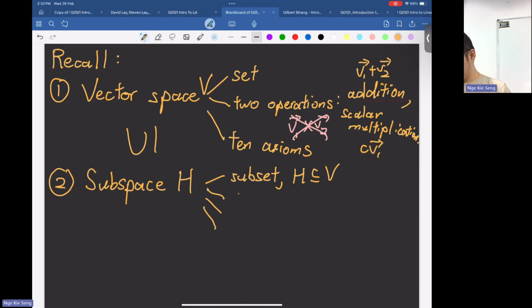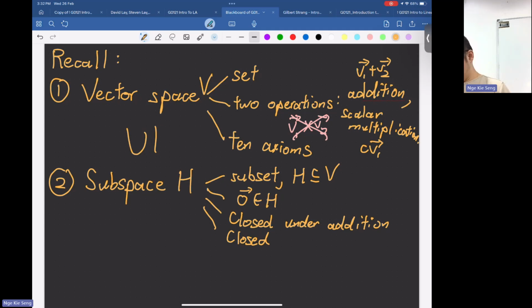One is the zero vector must live in H. Second is closed under addition. Third is closed under scalar multiplication. Closed means if you take two things inside the subspace and do the operation, the result still lives inside the subspace. You don't go out of the subspace. You stay inside.